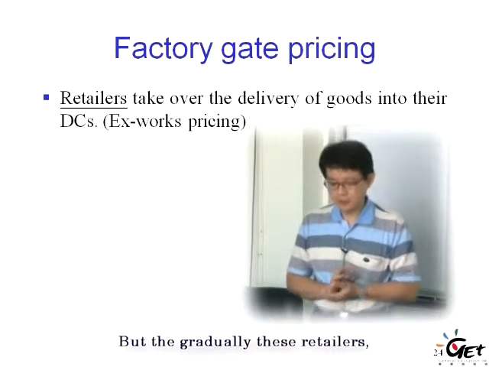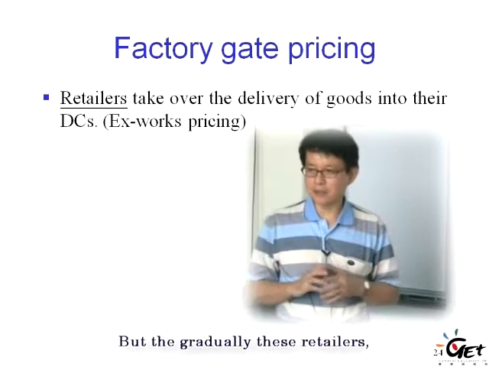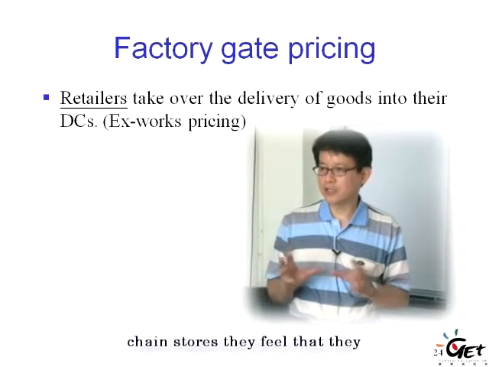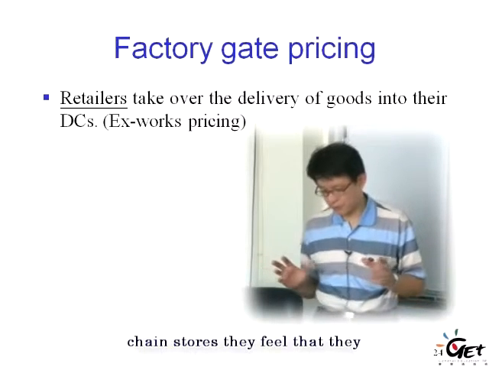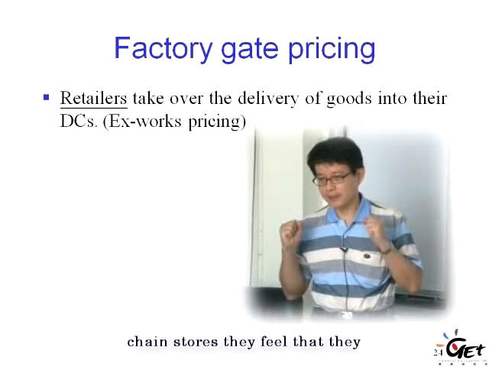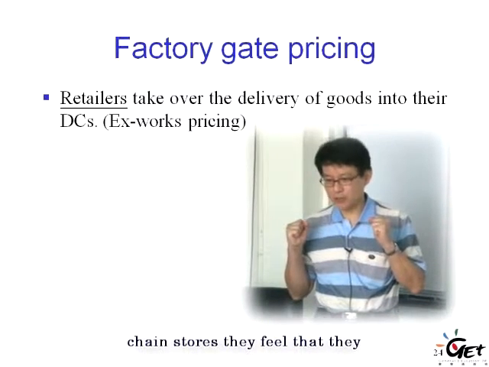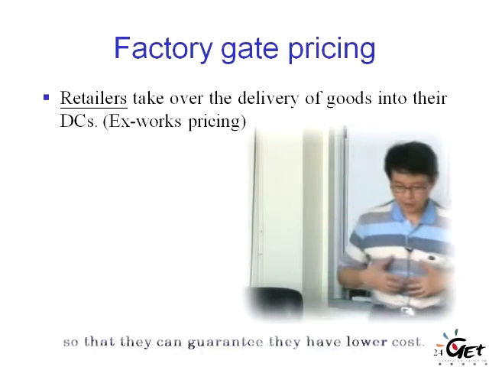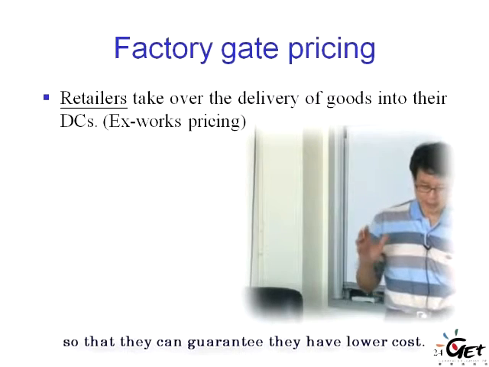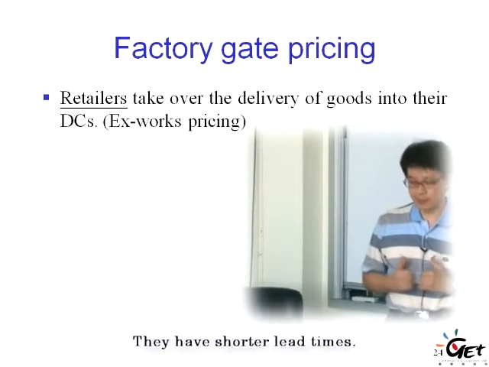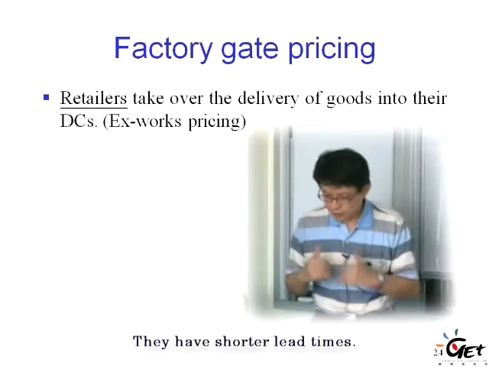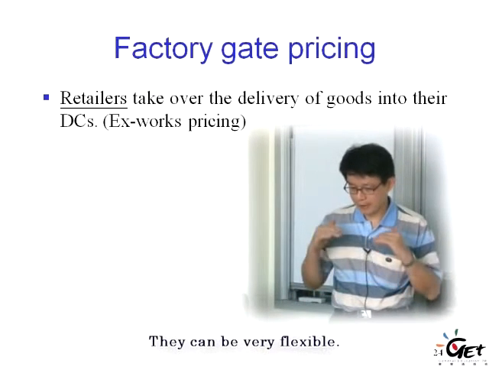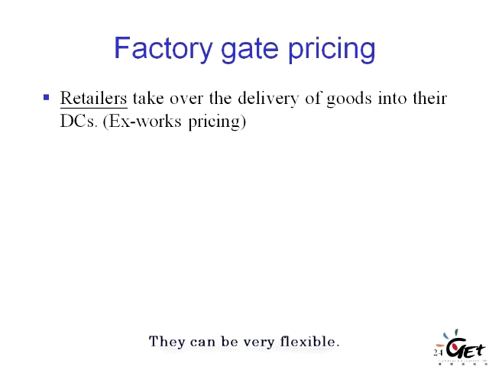But gradually, these retailers or chain stores felt that they wanted to do this arrangement on their own, so that they can guarantee lower cost and shorter lead times, and they can be very flexible, right?